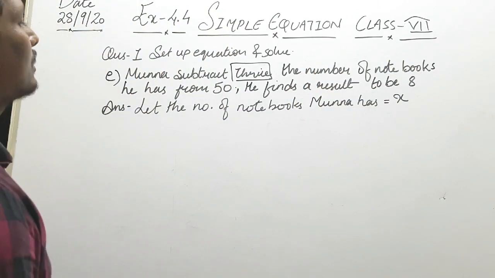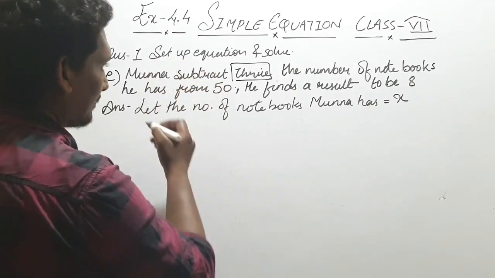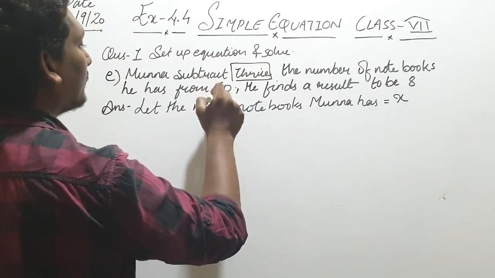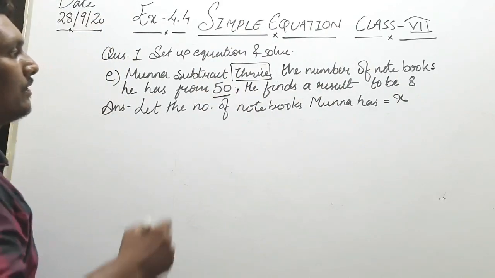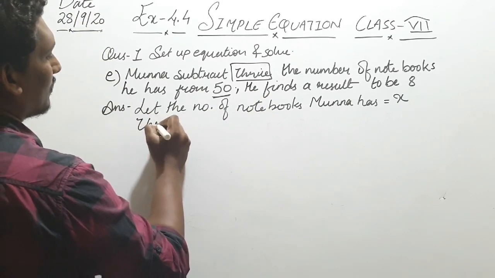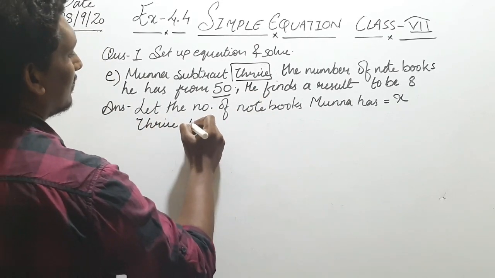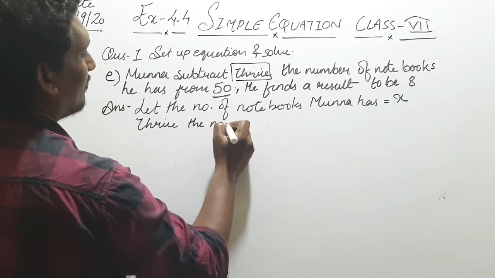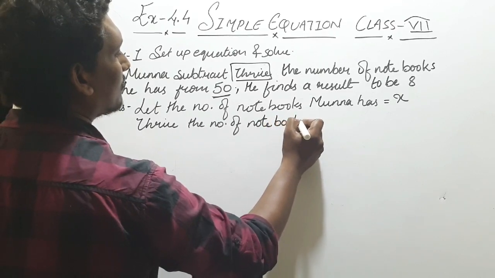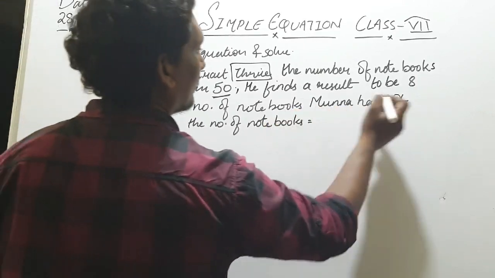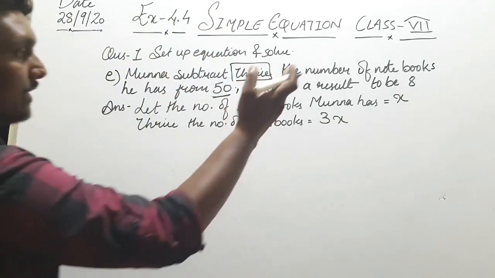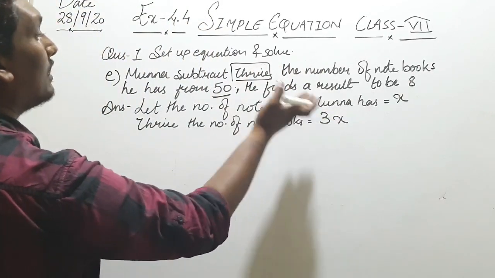Now the question is, on subtracting thrice the number of notebooks from 50. Thrice the number of notebooks means that is 3x.